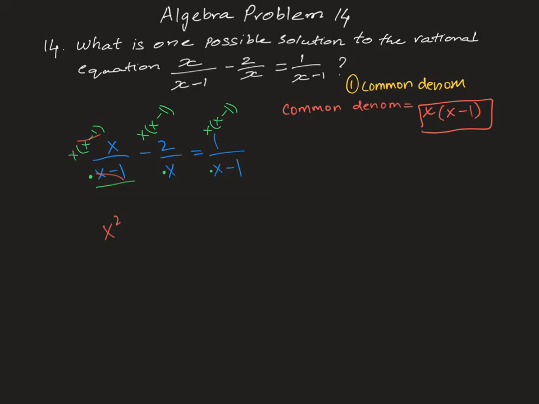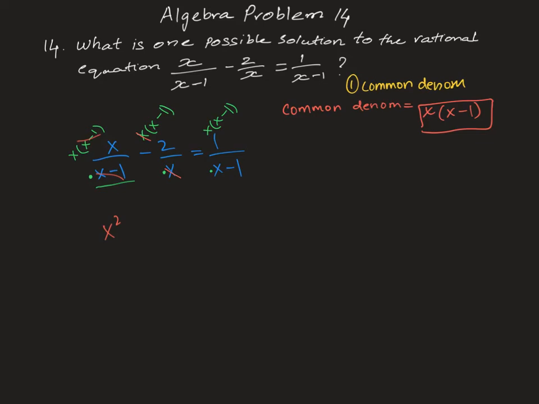For the next one, we have minus 2 over x. Now x is one denominator, so we cancel it off in our common denominator, and now we have minus 2 times x minus 1.